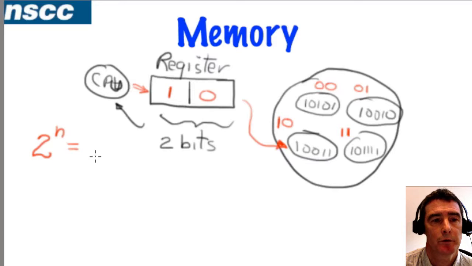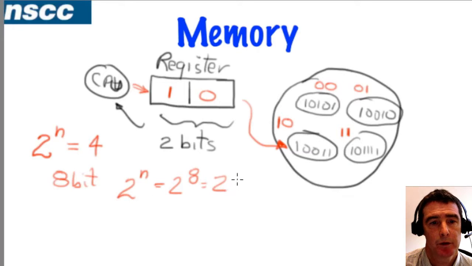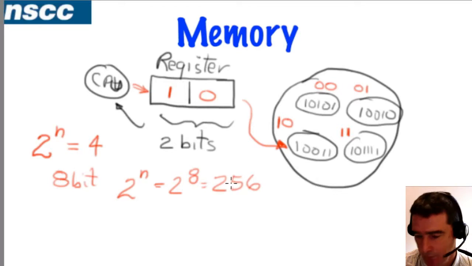So 2 to the 2 is 4. If I have an 8-bit register, then 8 bits can access 256 locations, and so on.